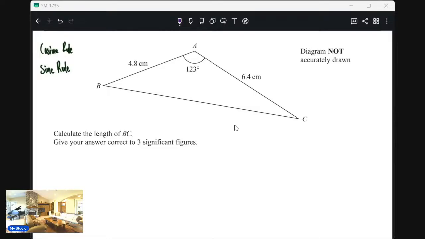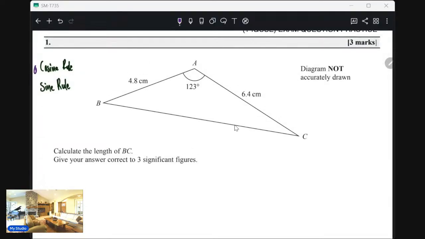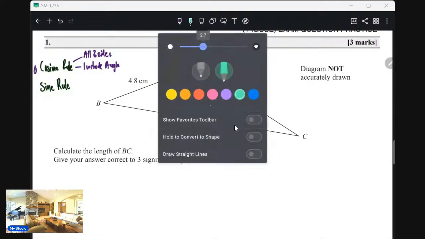We have two methods, which are the cosine rule and the sine rule, right? Now, let's test cosine rule. Remember cosine rule? It will be all three sides or included angle. Is it true? All three sides or included angle. So test. Any other case, we go to the sine rule, okay? So test. This is how you do. Can you see the steps I'm doing?